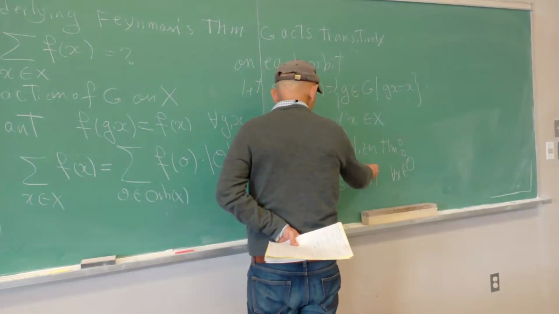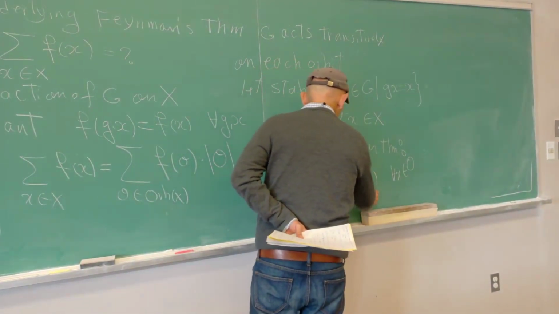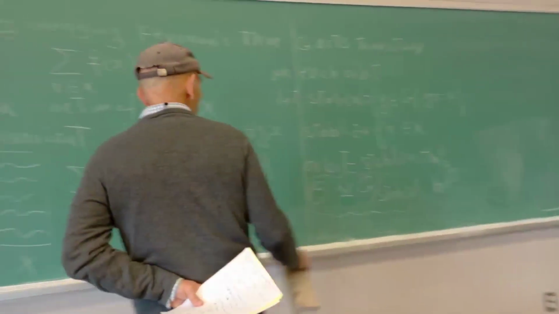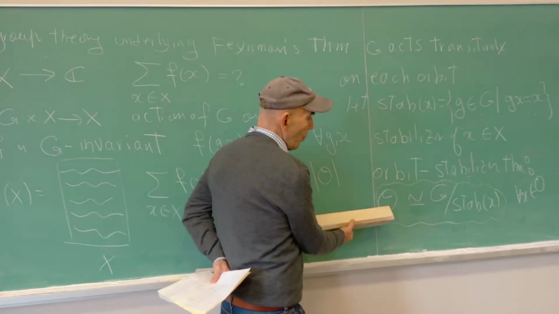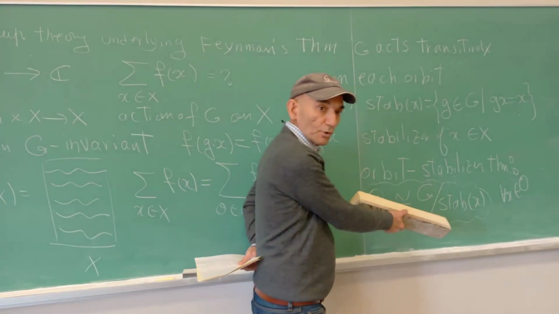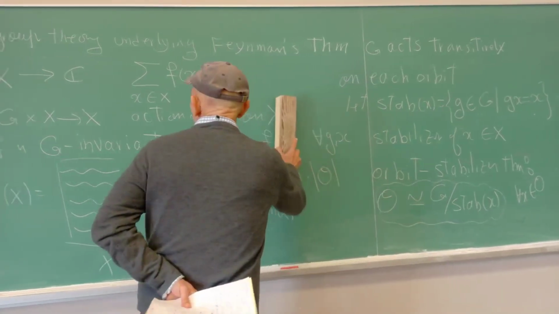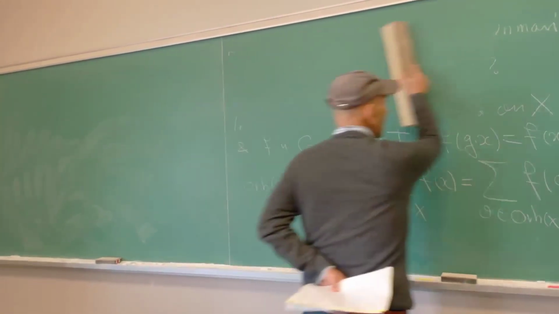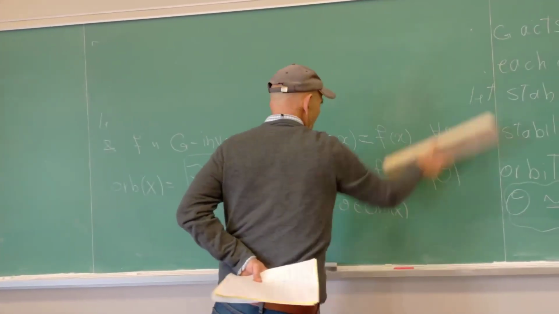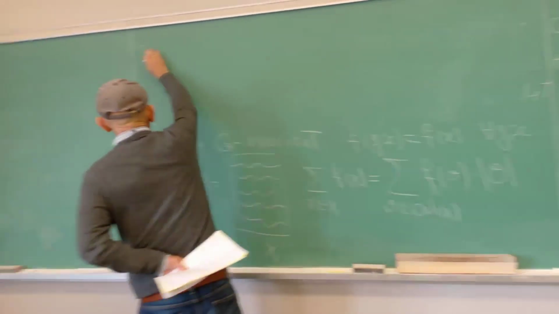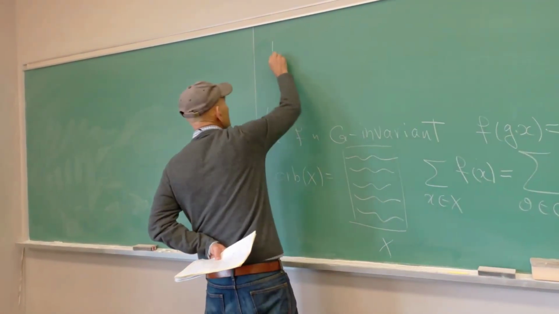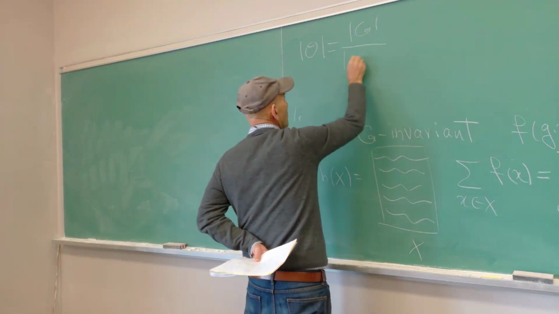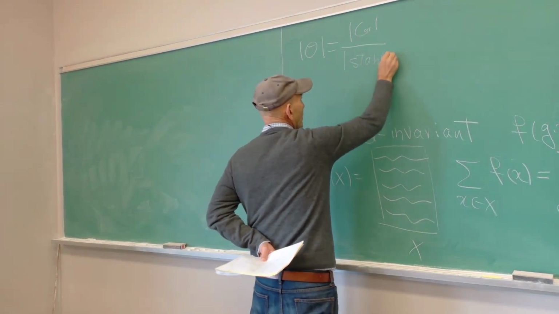So this relation tells us that the size of O is the order of G divided by the order of the stabilizer. The size of O that I needed here is equal to the number of elements in G divided by the number of elements in the stabilizer of x.